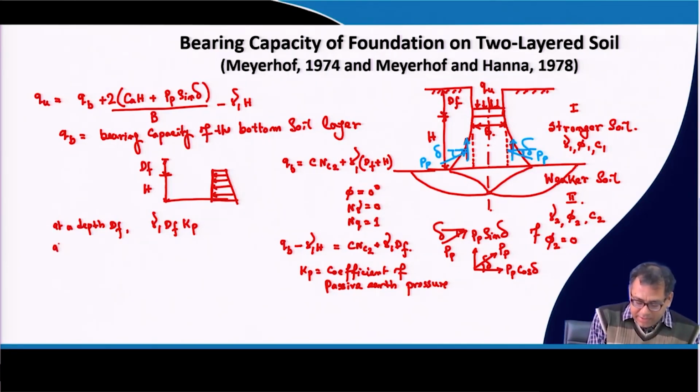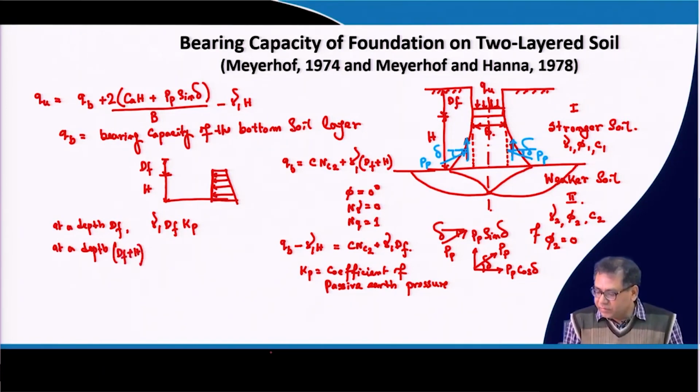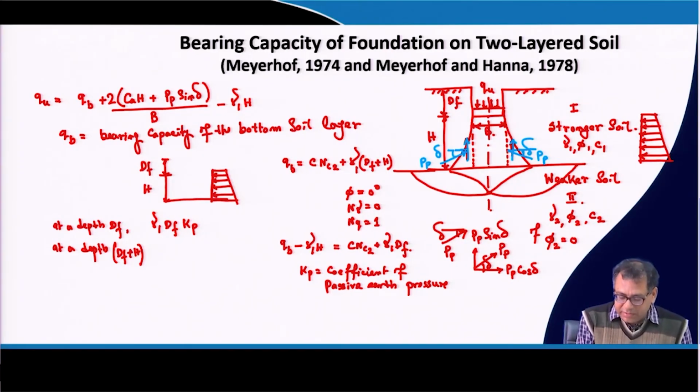Now at a depth of Df plus h, because here you are getting basically the passive resistance from here to here, this is the passive resistance I am trying to calculate. This is at a depth of Df, this is at a depth of h plus Df.